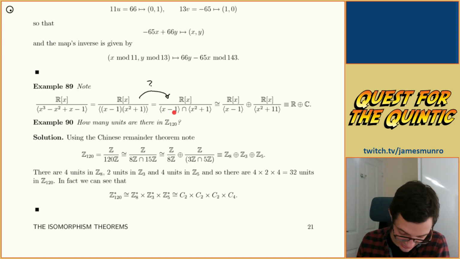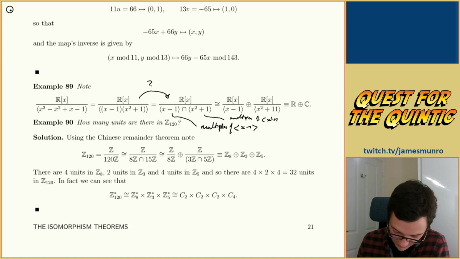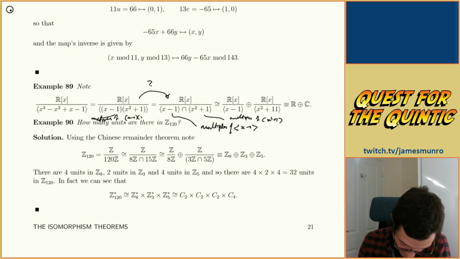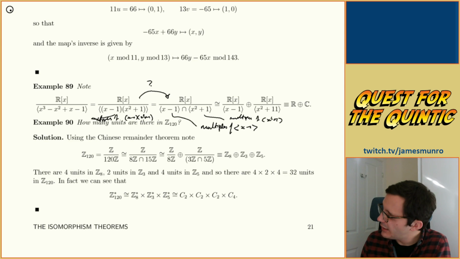So this ideal is things which are multiples of x minus 1, and this one is things that are multiples of x squared plus 1, and this ideal is multiples of both. Crucially, those things are coprime.